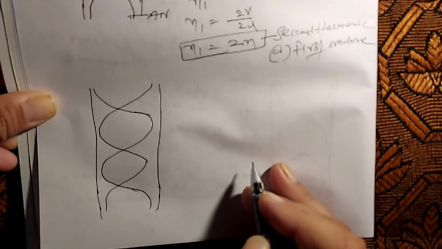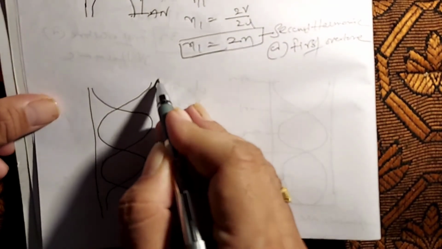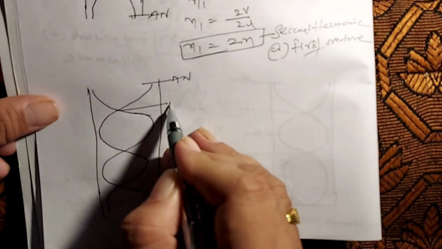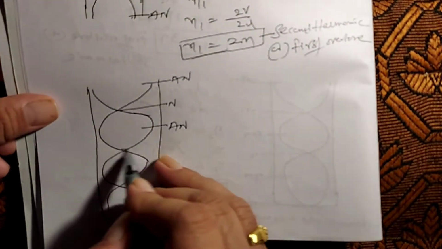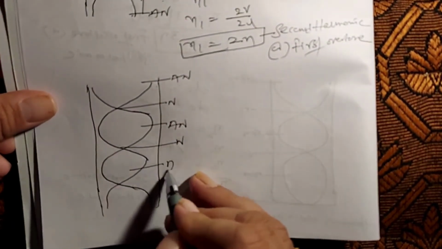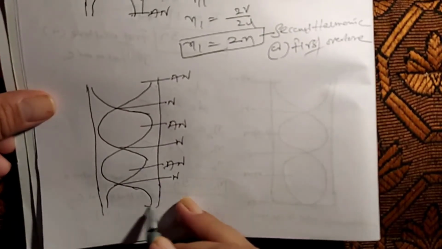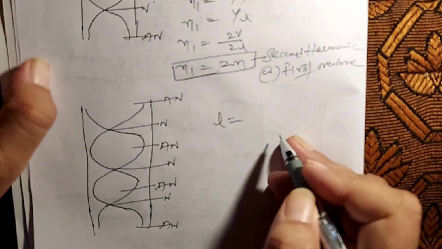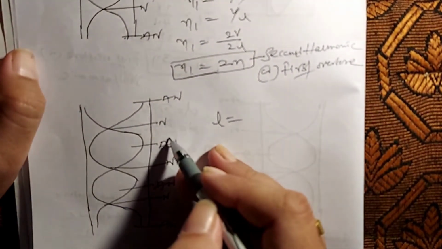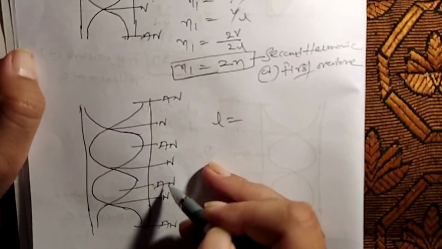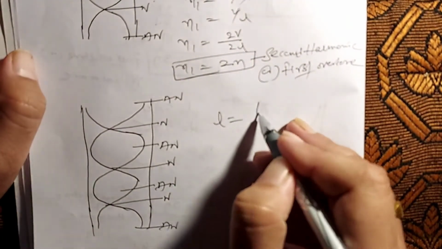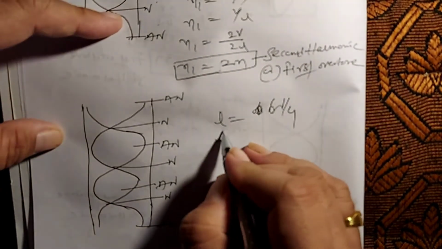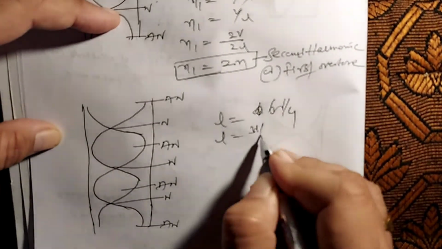Here this is antinode, this is node, this is antinode, this is node, this is antinode, this is node, and this is antinode. Now what is the length of the air column here? Lambda by 4 six times, that is 6 lambda by 4. So L is equal to 3 lambda by 2.